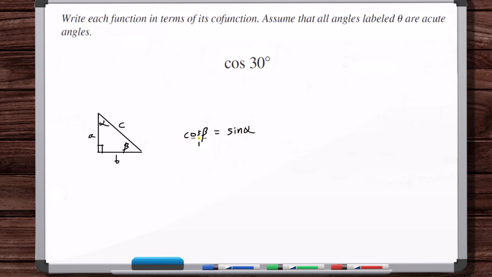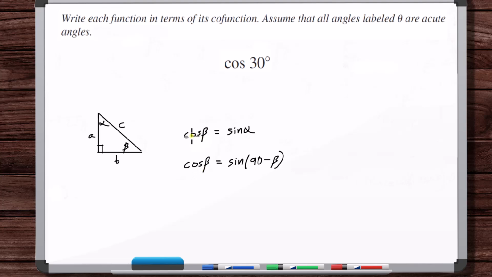For any right triangle, you can relate the two acute angles this way. But then for any right triangle, the two acute angles are also complements. So you could do this. You could say cosine of beta is equal to sine of 90 minus beta. Or you could have done it the other way.